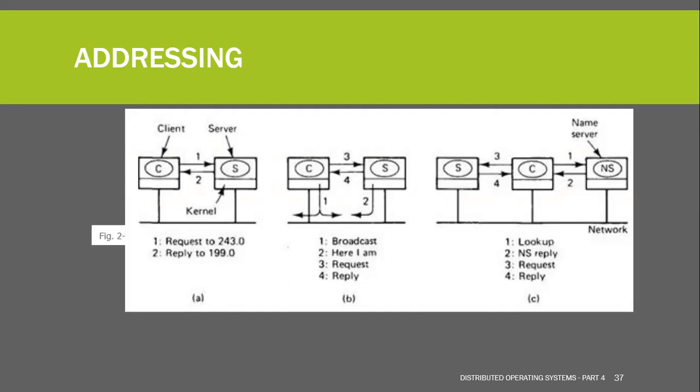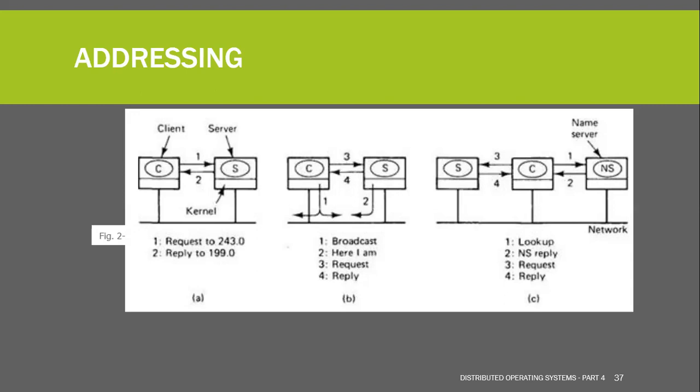An alternative addressing system sends messages to processes rather than to machines. Although the method eliminates all ambiguity about who the real recipient is, it does introduce the problem of how processes are identified. One common method is to use the two-part scheme specifying both a machine and a process number. As I told you, 243.4, or 4 at 243, or something similar designates process 4 on machine 243.